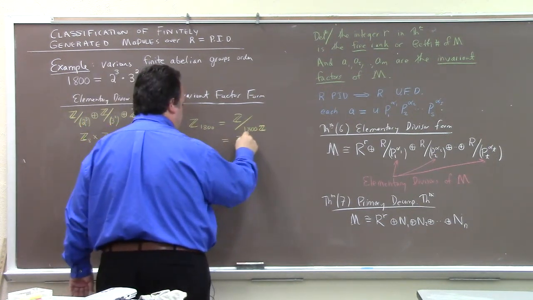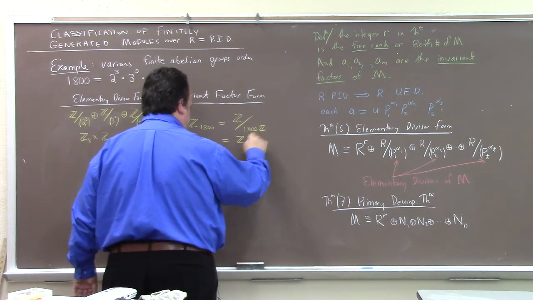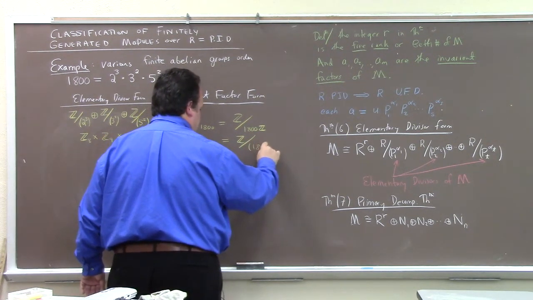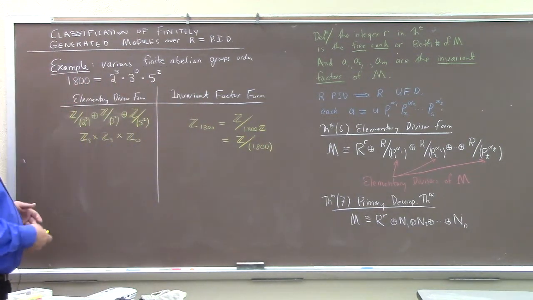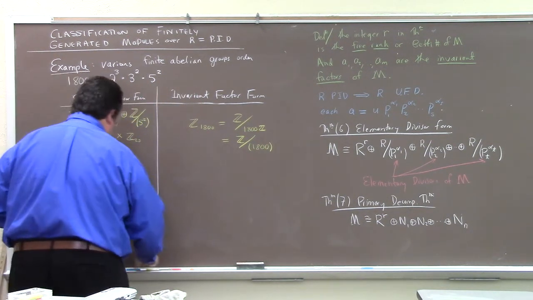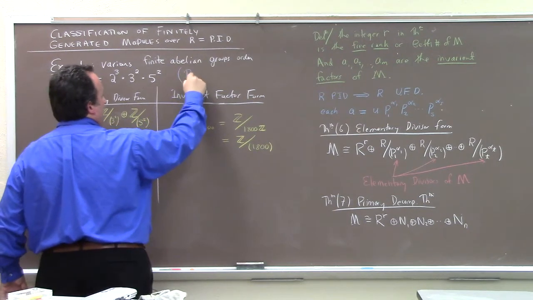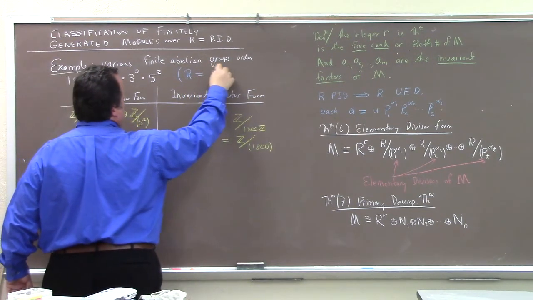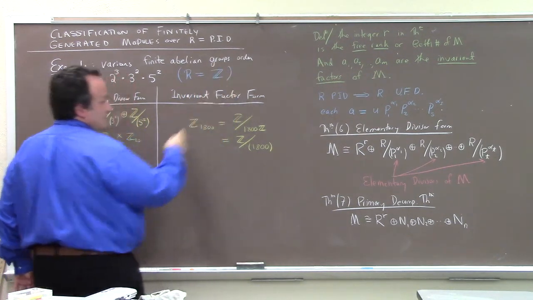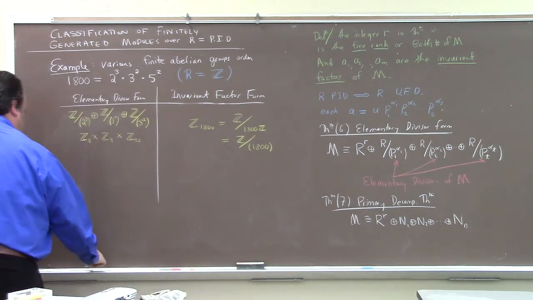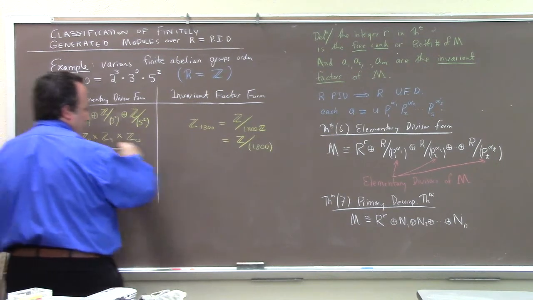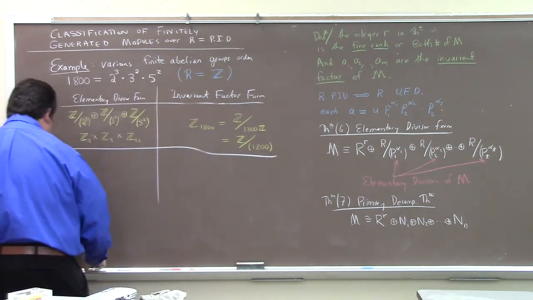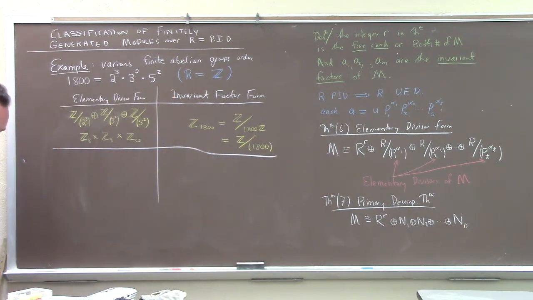In the notation of the theorems we were looking at, that's the ideal generated by 1800 with respect to the ring of integers. Our PID is the integers, the principal ideal domain with which we're dealing here. That's case 1. Not that interesting.